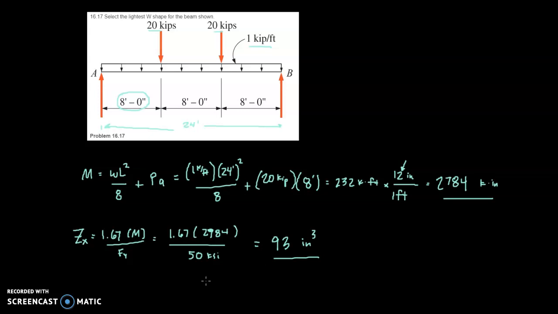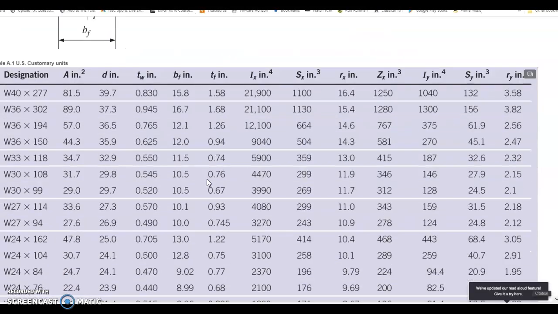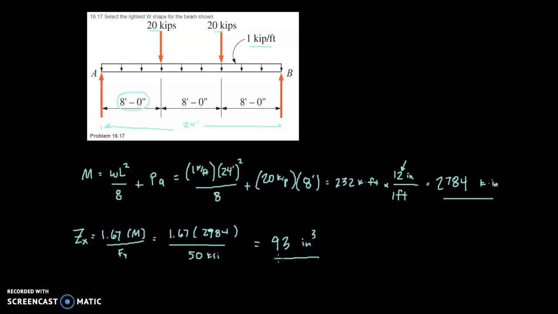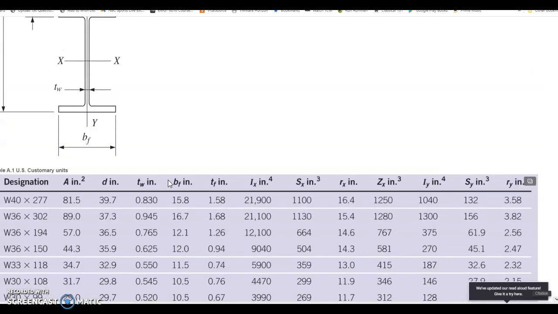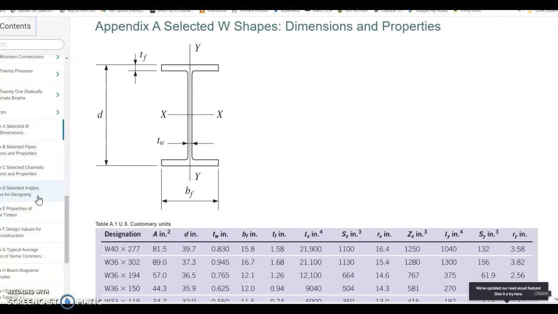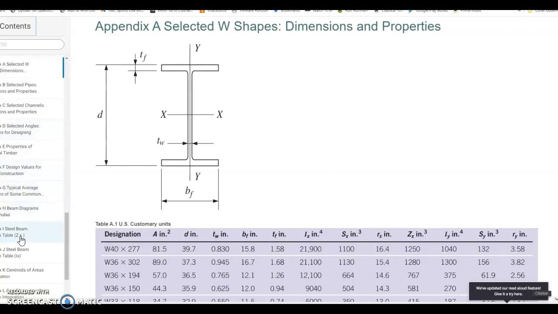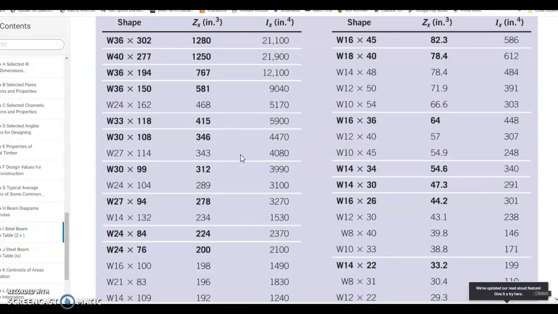So we need to then go to the appendix to find a wide flange that will be strong enough. Okay, so I've got my appendix here. I am looking for a wide flange with a section modulus of at least 93. So this is Appendix A here, but there's actually an appendix that has the members ordered according to their plastic section modulus, which is what I want to use.